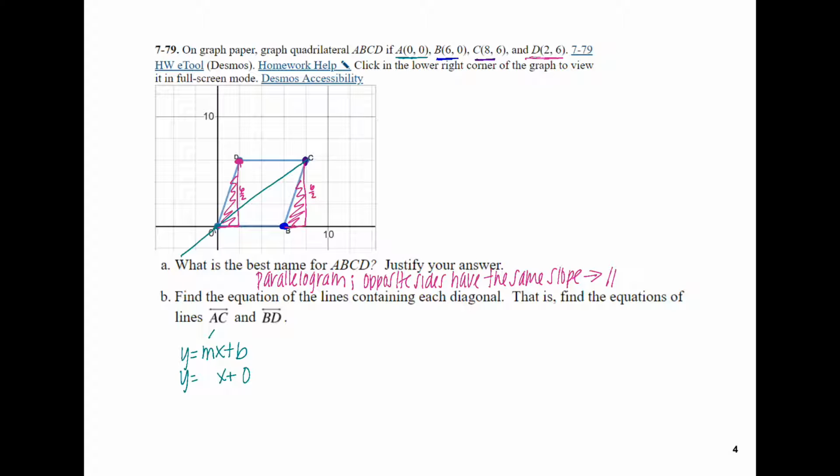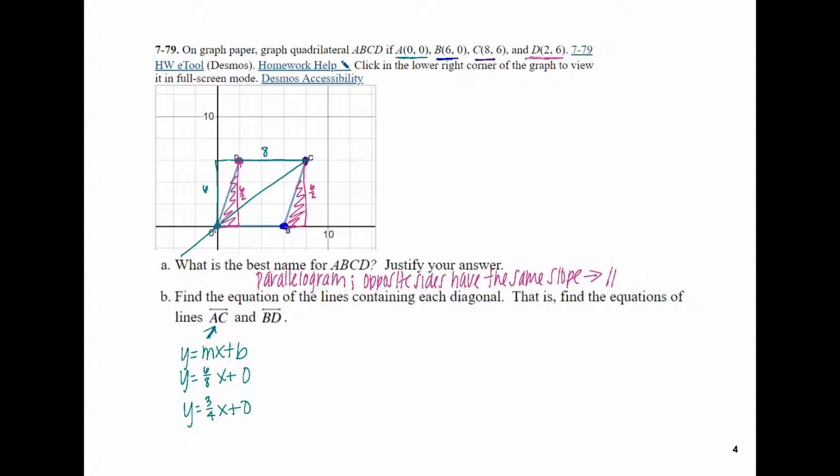And then if we look at our slope triangle, we rise 6, we run 2, 4, 6, 8. So if we write 6 over 8 for our slope, that reduces to 3/4. So y equals 3/4 x plus 0 is the equation of line segment AC.